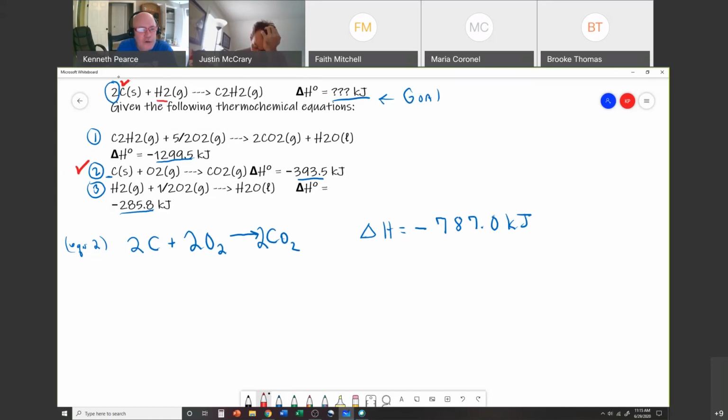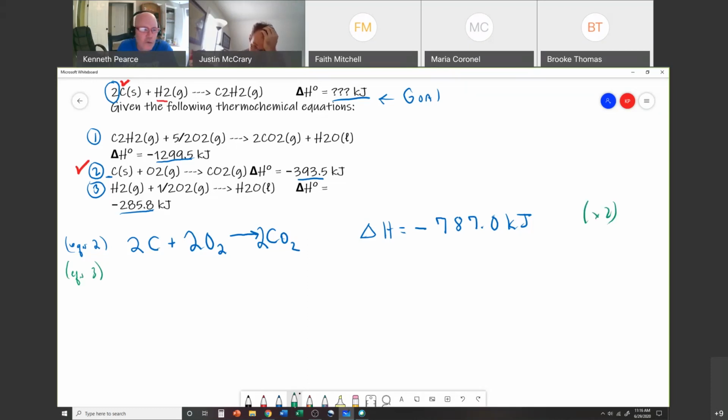And I see in equation number 3, it says H2 plus half an O2 gives me an H2O. And it looks like I don't have to do anything to it because there's only the one H2, and there's only one H2 up there. So I'm going to just copy it down as is, equation number 3, and this one I did times 2 over here.